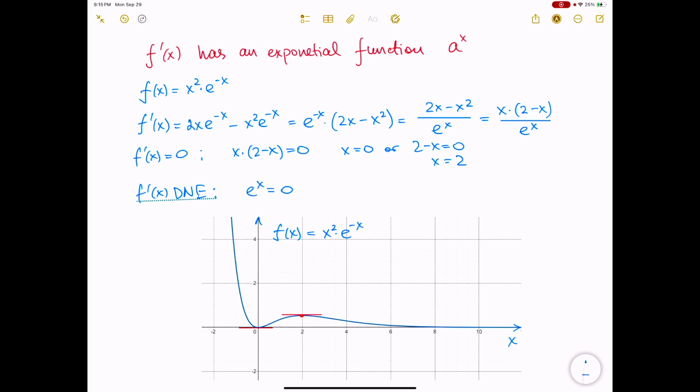However, the exponential function e to the x always has an output strictly positive, so it's never equal to 0. As we can see, there are only two critical numbers. When x is equal to 0, the derivative is equal to 0, and when x is equal to 2, the derivative is equal to 0.